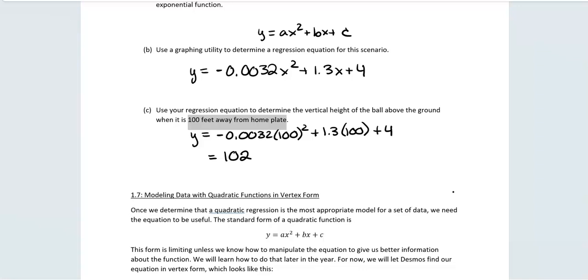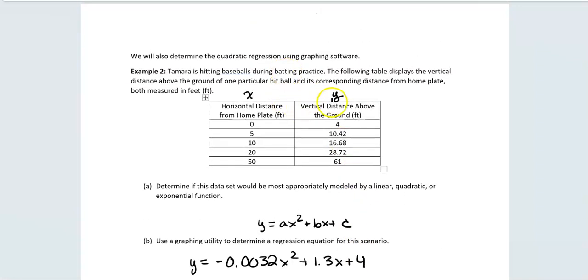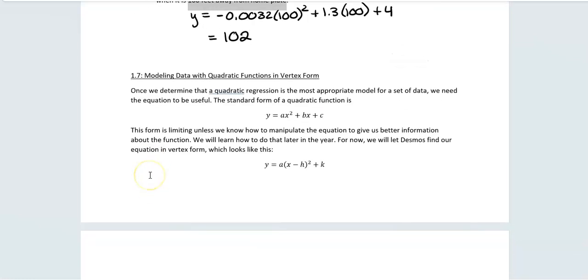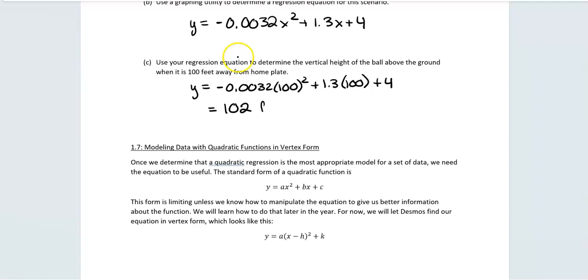So it's 102 yards. Nope, I lied. What's the unit over here? Vertical distance above the ground in feet. So it's not yards. I don't know why I said yards. It's feet above the ground.